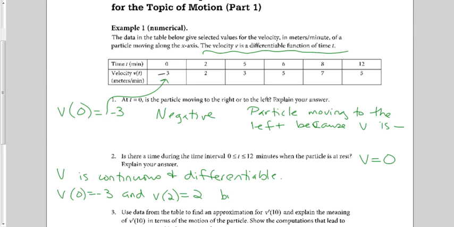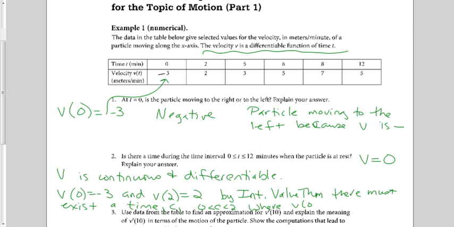So by intermediate value theorem, there must exist a time c, I don't know, where c is in between 2 and 0, where v of c is equal to 0.